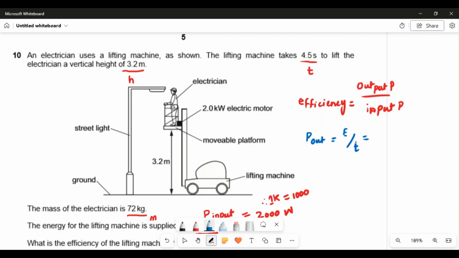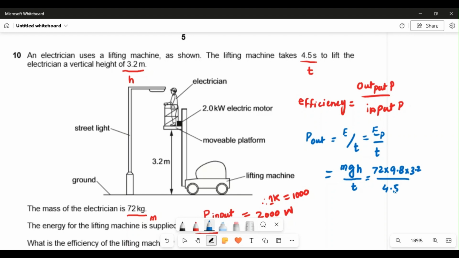Whenever something is lifted up, the energy is potential energy, which we are very well aware can be calculated by mass times gravity times height, and we have to divide it by time. So mass of the person that will be lifted is 72, gravity is 9.8, height is 3.2, and the time is 4.5 seconds.